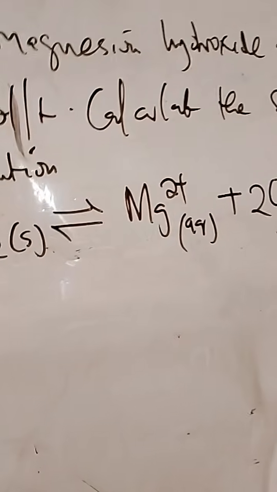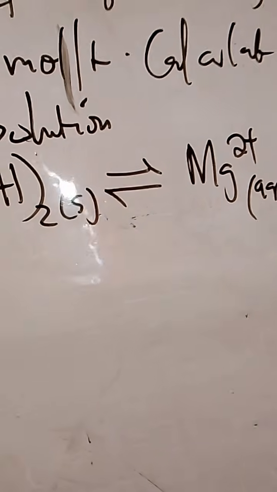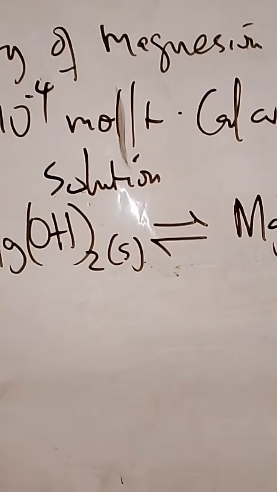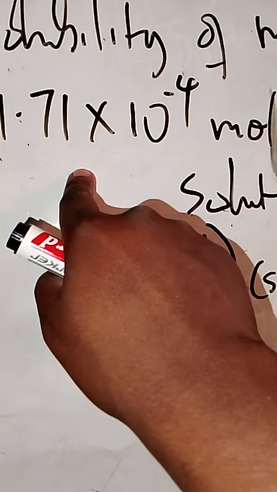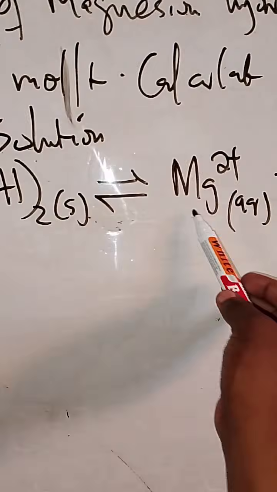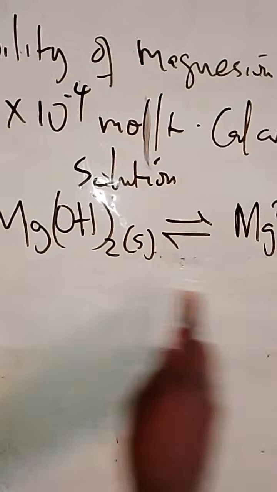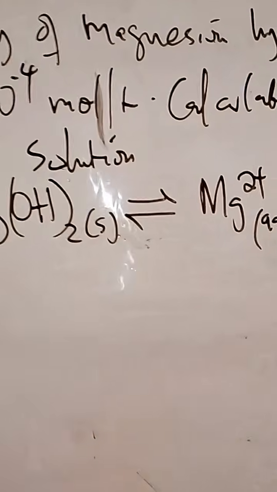Now we know the solubility of magnesium hydroxide. You can see here, magnesium hydroxide to magnesium ion is a 1-to-1 ratio, meaning that the concentration for this is just the same as that. Then this one is 1 to 2.